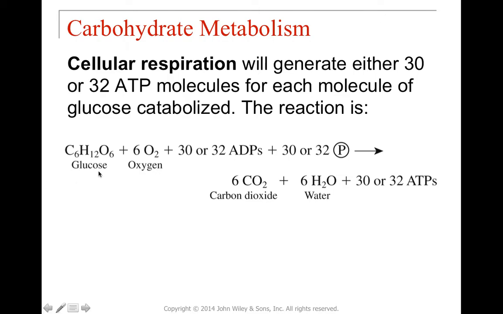And glucose came in through digestion, and then it's going to get compiled and reshuffled through all of those different reactions that we just talked about, releasing subsequently, one at a time, right, in a serial fashion, 30 to 32 ATPs by using ADPs that were found in solution and free phosphates that were found in solution, and these stepwise reactions to end up with byproducts of carbon dioxide and water. So basically, this is what goes in, and this is what comes out.